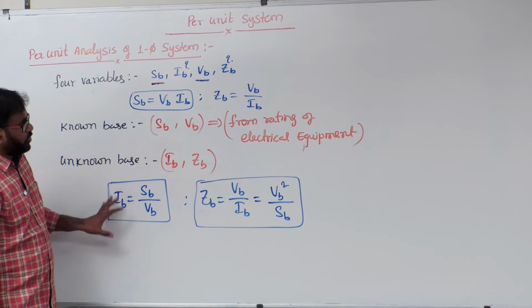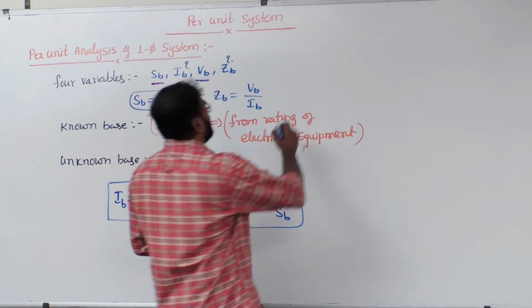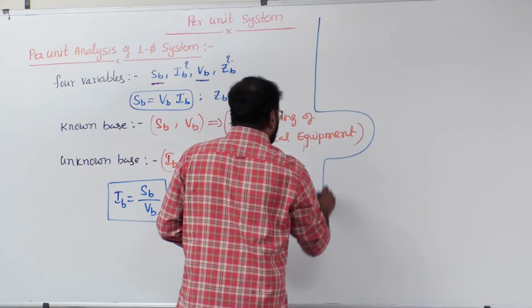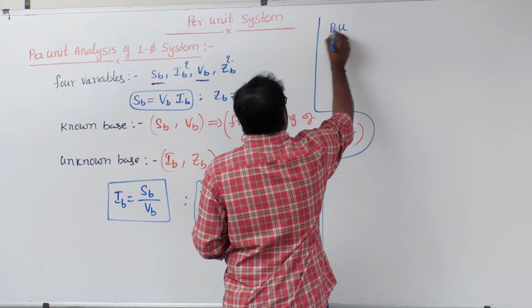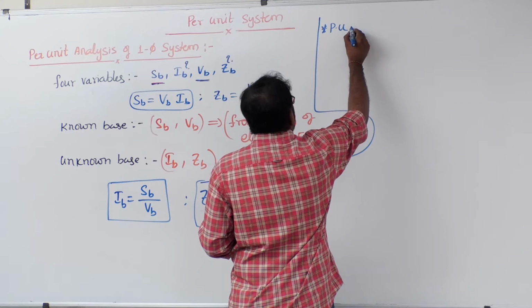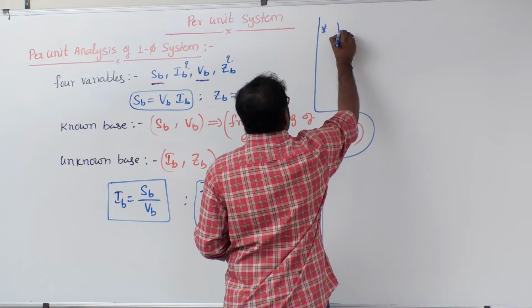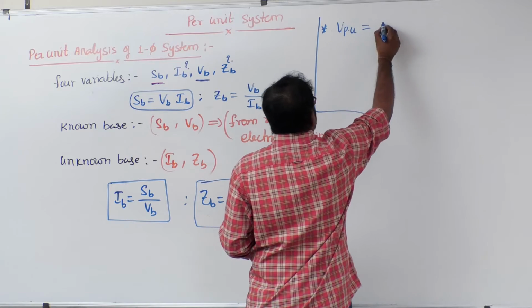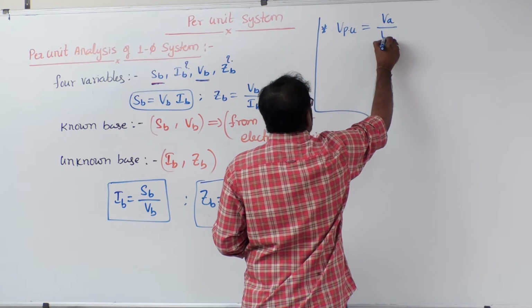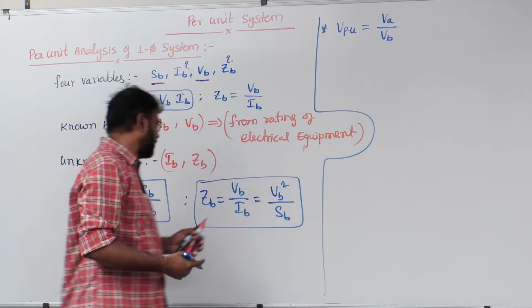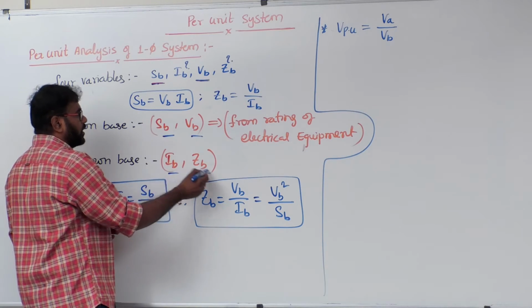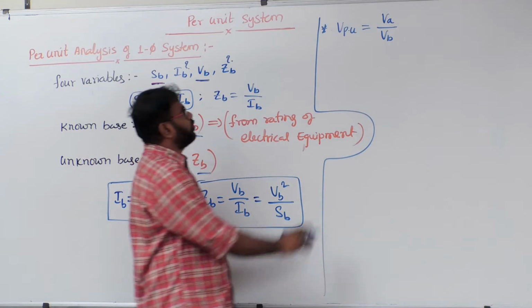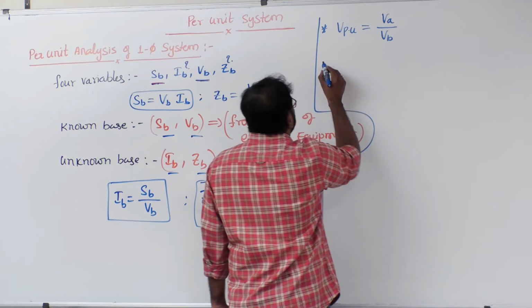Okay. Now once you define the base quantities, the next important thing is the per unit values. First formula, per unit voltage: what is V per unit? V actual by V base, because we defined V base, I base, Z base and S base.